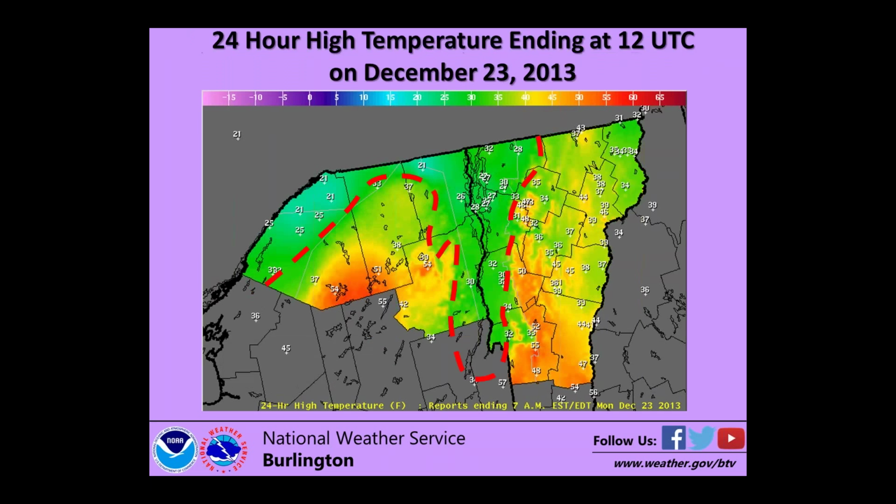Moving on to the next day, similar situation. Those areas that were below freezing for a high temperature on the 22nd remained below freezing for the most part on the 23rd, and then it even expanded down through the Champlain Valley all the way into Warren and Washington counties in New York.